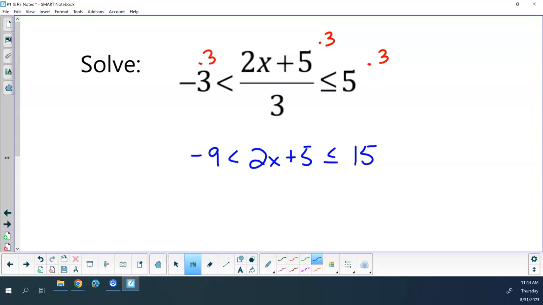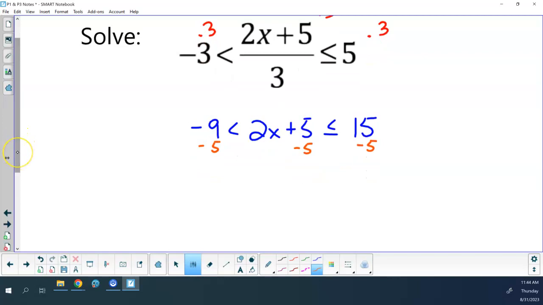We want to get x by itself in that middle section. So I'm going to subtract 5 in the middle, which means I've got to subtract 5 on the outsides also. That then gives me negative 14 is less than 2x is less than or equal to 10.